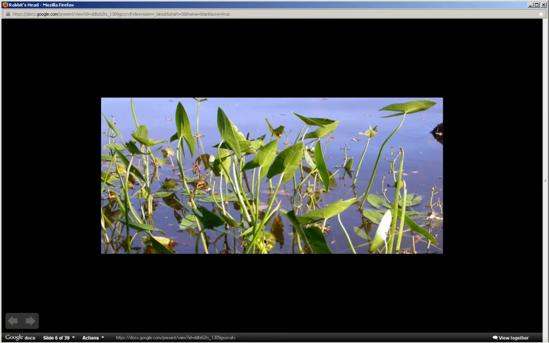These rosettes of leaves develop in the first year, and later on that first year may also develop one or two flowering stalks.